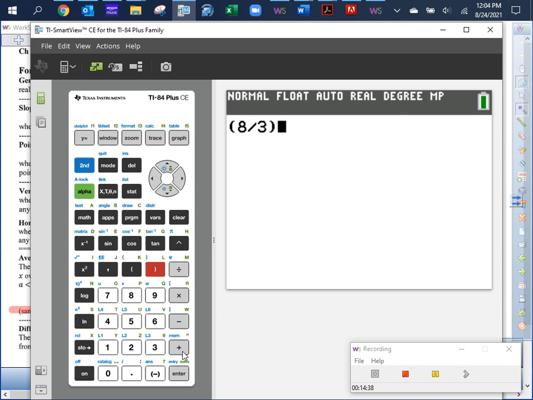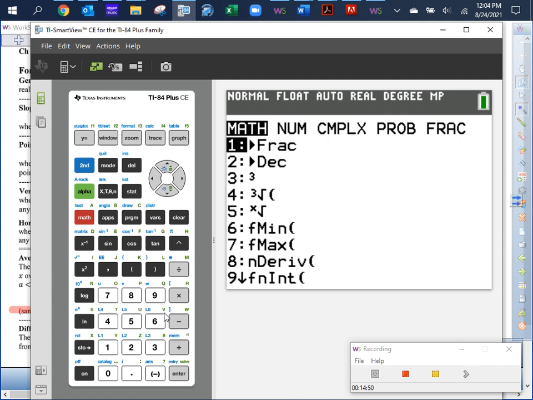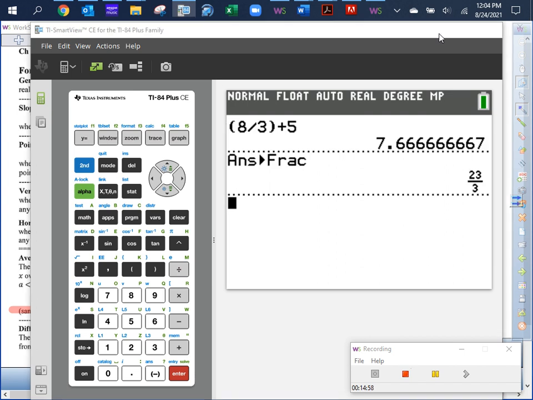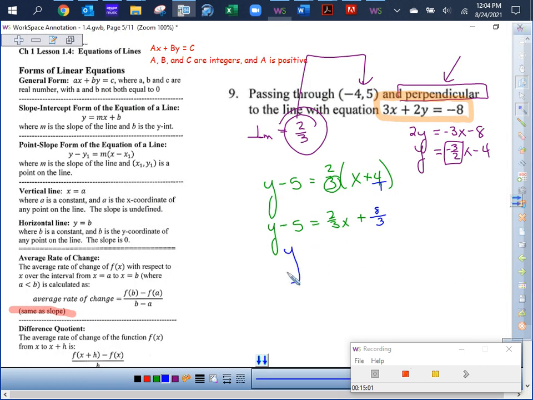So add 5, hit equals, and then to change that into a fraction, have you seen the math enter before, where you go to the math button, and then you hit enter, and then you hit it one more time, and you get 23/3 back from that. All right, so math, enter, enter. If that's new to you, I will help you. So y equals 2/3 x plus 23/3.